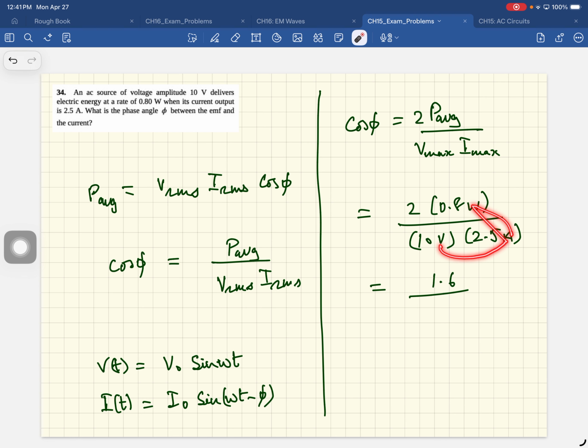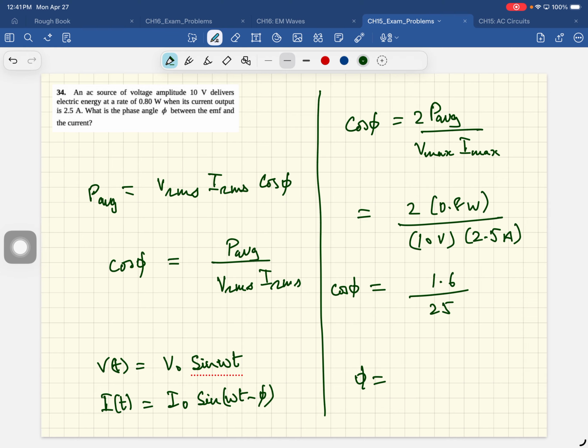So this is a dimensionless number, cosine phi, so 1.6 over 25, and this comes out to 86.3 degrees.